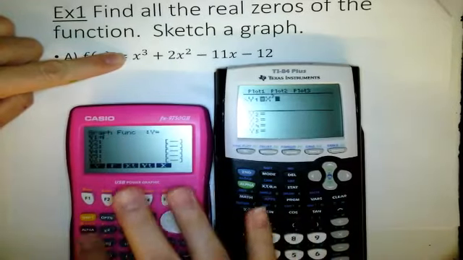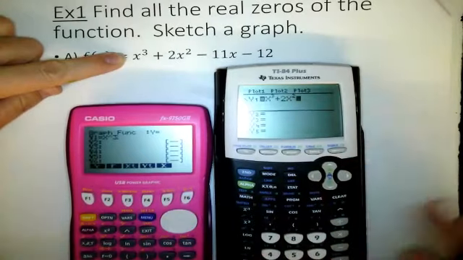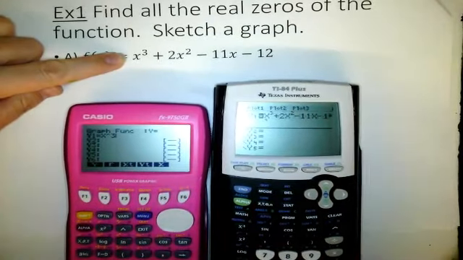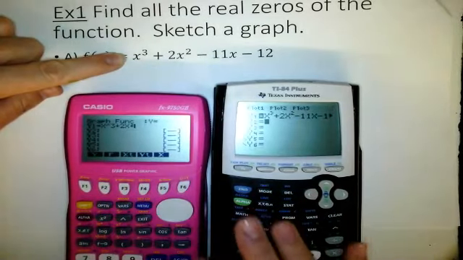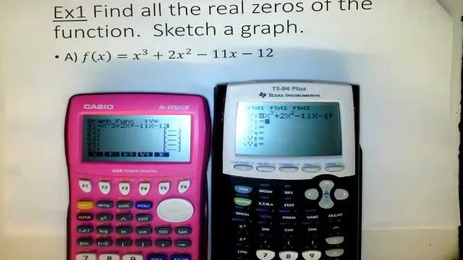So on my calculator, there we go, plus 2x squared minus 11x minus 12. Let me know if you have any issues. So you're typing it in right now, whatever program you're using. Then you're going to press graph or draw.